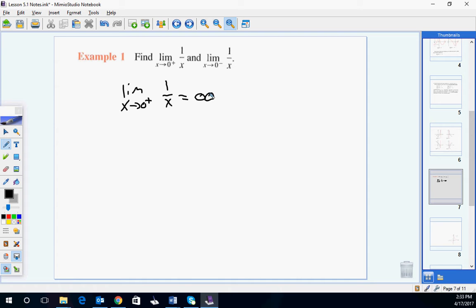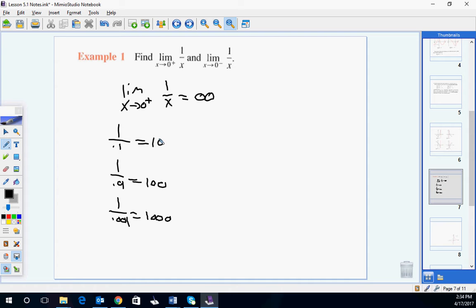Because numbers close to 0 from the right are 0.1, 0.01, 0.001, that's 10, that's 100, that's 1,000. As I get closer and closer to 0, it's getting higher and higher.